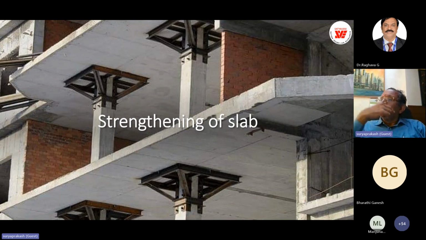We had to do the restoration by introducing column capitals with steel after explaining. This is not the exact picture, but this is from the internet. So it is very, very essential to design the flat slabs carefully. Be cautious when you are using this direct design method.